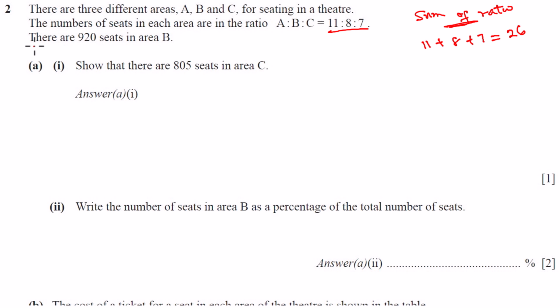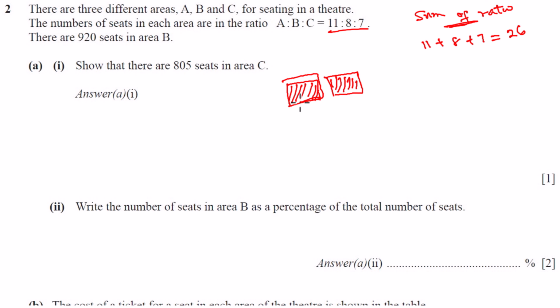a theater. The number of seats in each area are in the ratio A to B to C. So if I'm going to make a diagrammatic representation of that, if this is A, obviously the number of seats here is bigger than the number of seats in B. I don't know if I got that correctly, but okay, let's make this bigger.